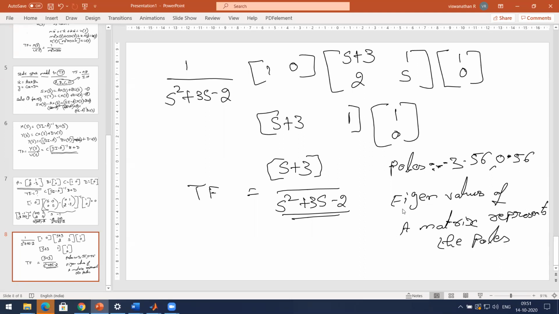Eigenvalues of this A matrix represent the poles.